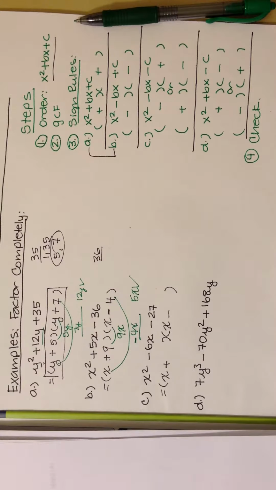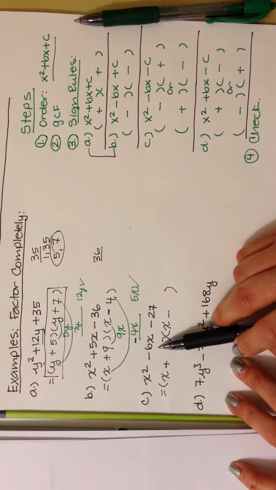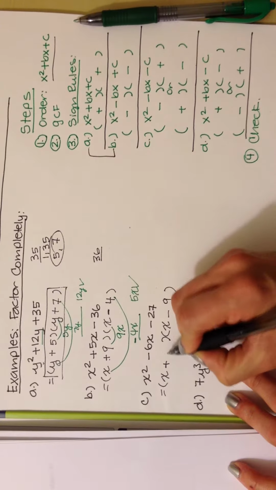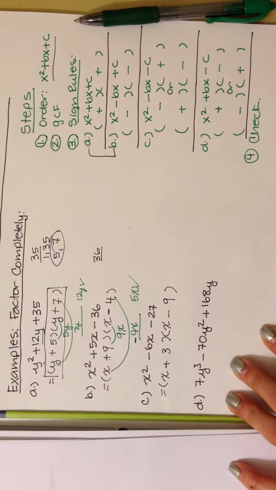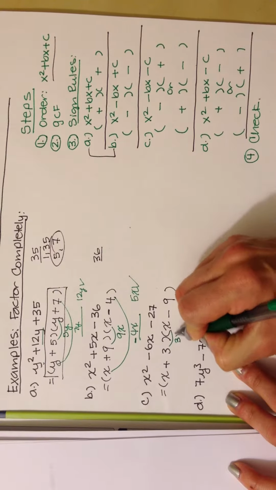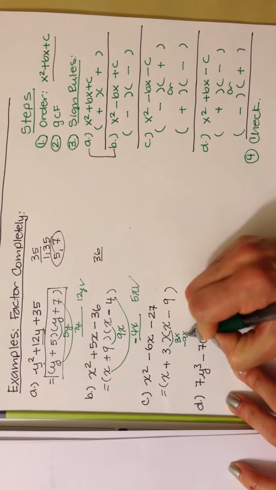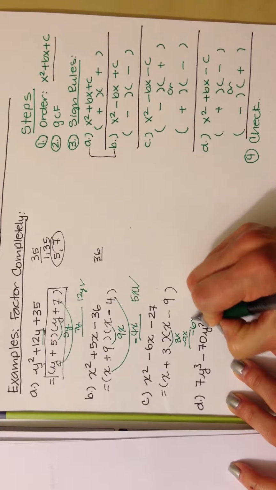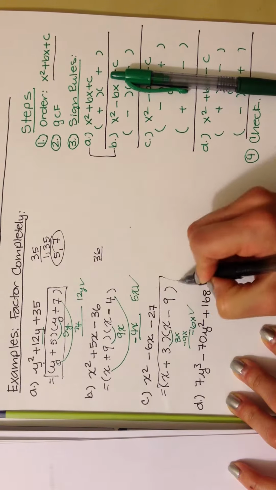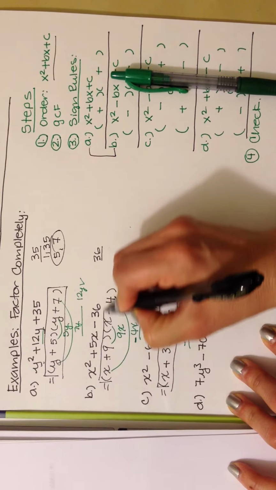If you think about it, that would be 9 and 3. So in order to get a negative 6, the 9 has to be negative and the 3 should be positive. And then of course, if you check 3x, negative 9x, we get negative 6x, which is what we wanted. And that's our final answer. Can box those.